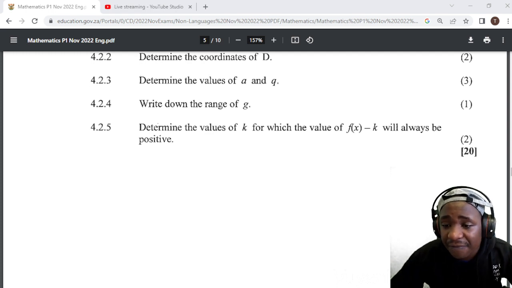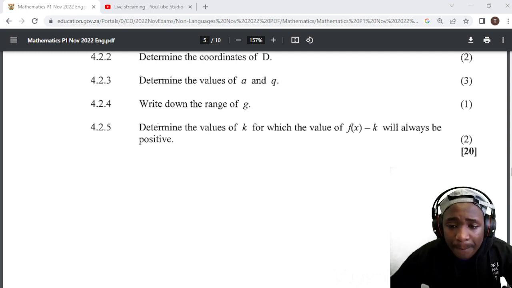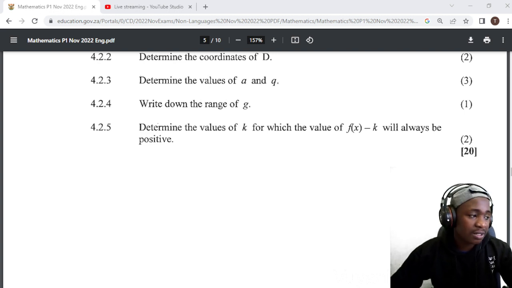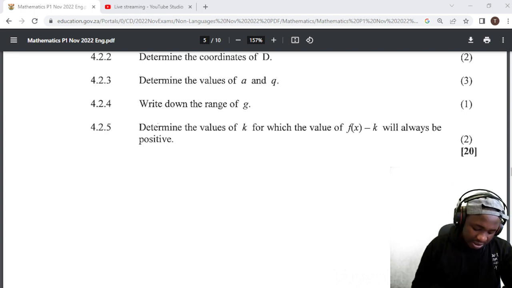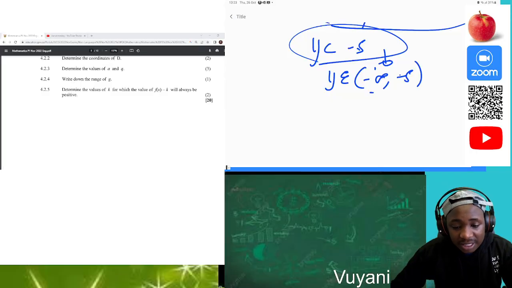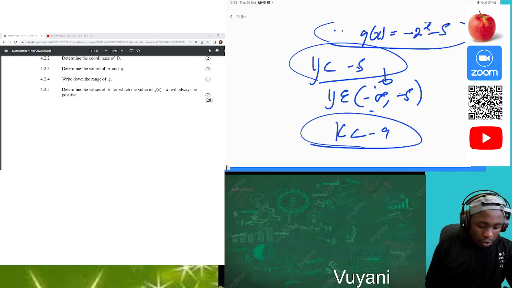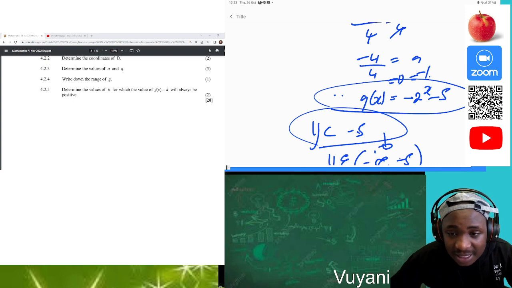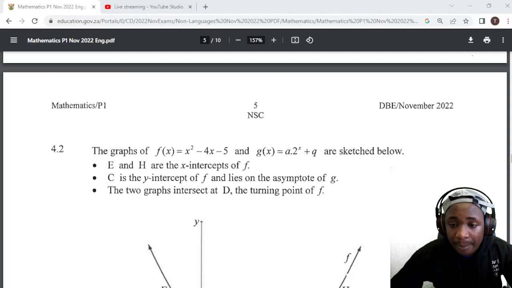Determine the values of k for which the value of f of k minus 9 will always be positive. This is easy. We just put in k. When our k is less than negative 9, it's always positive, because bear in mind that we are looking at f of x, and f of x is what we call the parabolic function.